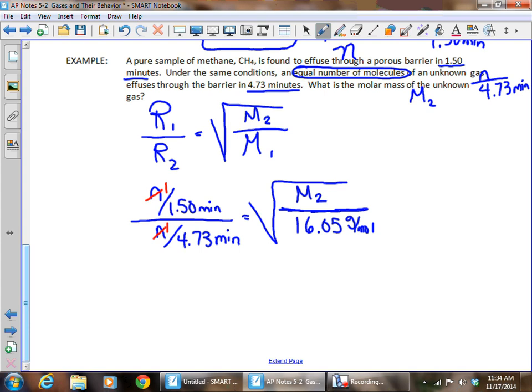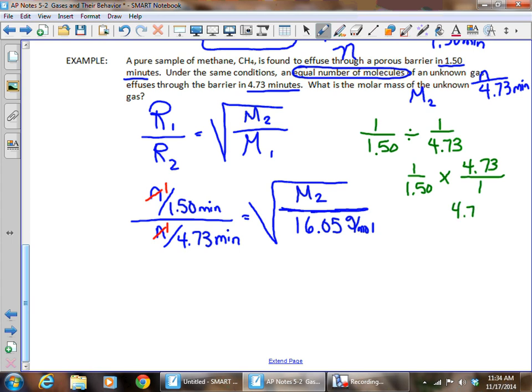Let's go over here and let's just do this side calculation real quick. If we've got 1 over 1.5 divided by 1 over 4.73, think about what happens. We would actually be taking 1 over 1.5 times the reciprocal, 4.73 over 1. So look at what we end up with for our next term.